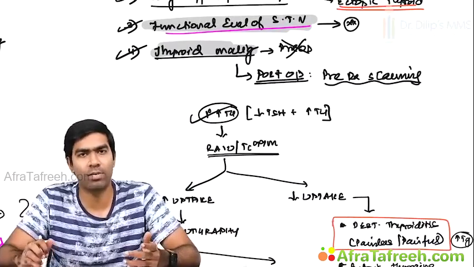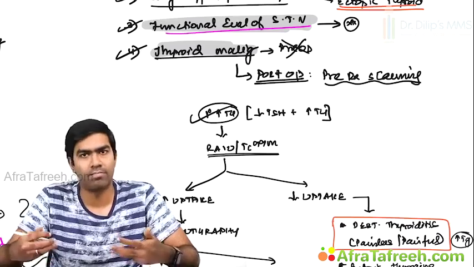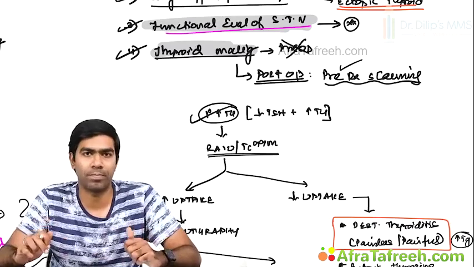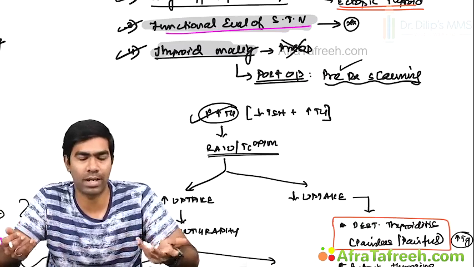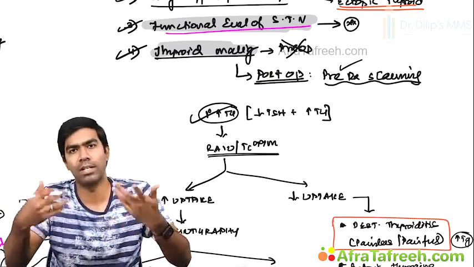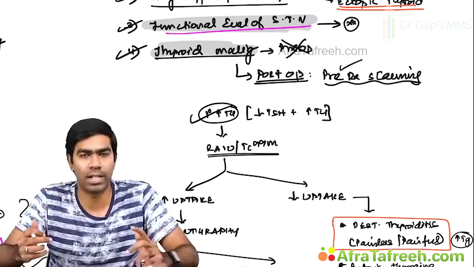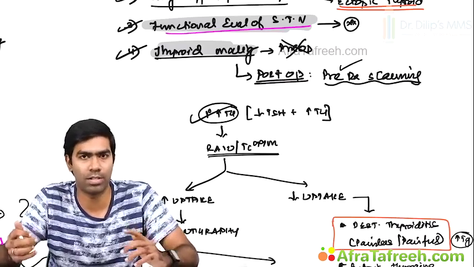So after diagnosing thyroid malignancy, before the operation, there is no role for any uptake scans. I mean, when is the role? I told you already, for pre-treatment scanning. So before doing a radioactive iodine ablation, after a total thyroidectomy, these scans might have a role to determine the metastasis or probably a locoregional bulky disease. All these things can be identified by this scan. So probable importance is there.